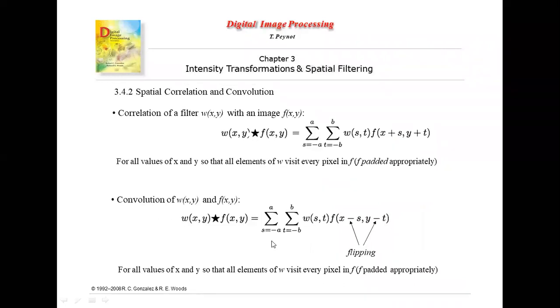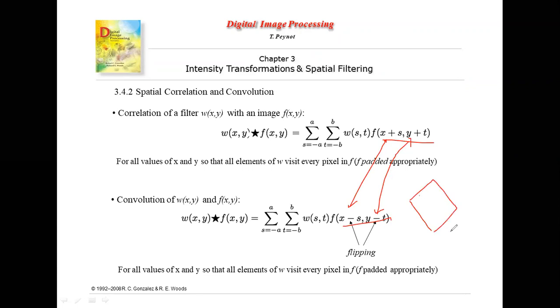Here we have spatial convolution and correlation: x of k, h of n minus k for convolution, and n plus k for correlation. The plus and the minus is what justifies the difference between convolution and correlation. But the author also wants to tell that you may have a symmetric mask. What is a symmetric mask?